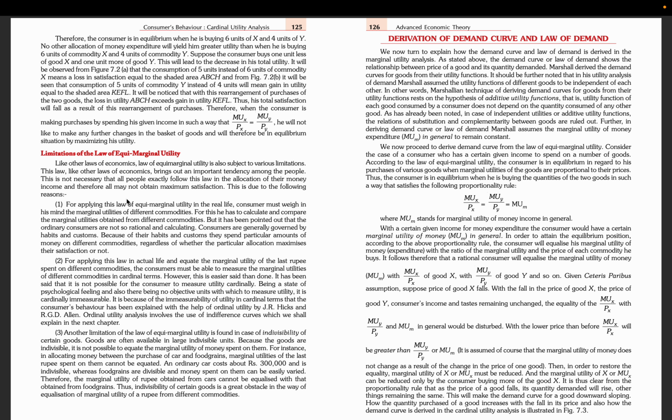But it has to be pointed out that ordinary consumers are not so rational in calculating. Consumers are generally governed by habits and customs. Because of their habits and customs, they spend a particular amount of money on different commodities regardless of whether the particular allocation maximizes the satisfaction or not.